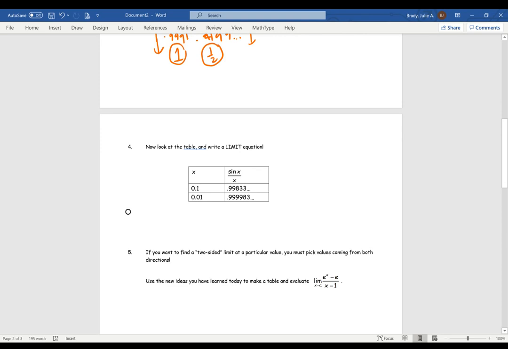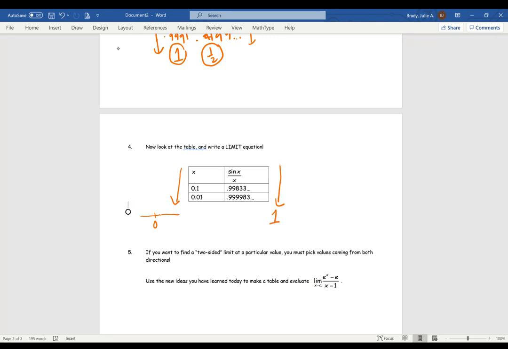This time I did the opposite. I gave you a table, and I want us to write the limits. So where are the x's approaching, and what's happening to the outputs? You can sometimes even think about it graphically. You're getting super close to 0, and these numbers are getting super close to 1.